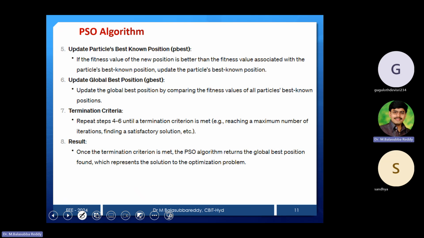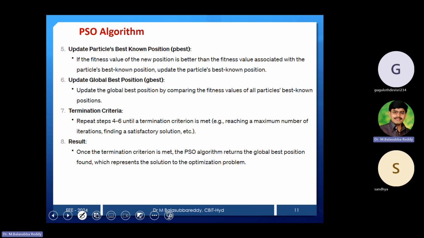What is the criteria? We call it the termination criteria. What is the termination criteria? The number of iterations may be 100. You can keep that many times, and that loop is going to be repeated.